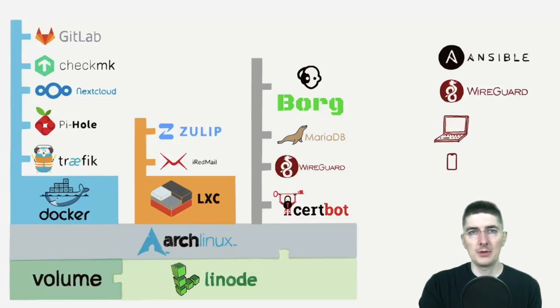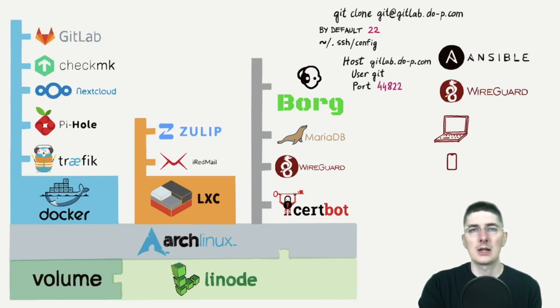We must do the same thing for SSH protocol for when someone tries to clone a repository with git clone git@something. By default, this will try to use port 22, but we'll add an entry to .ssh/config file where we will tell it to use a custom port. Docker will then map port 44822 on the VPS to the port 22 inside the GitLab container.